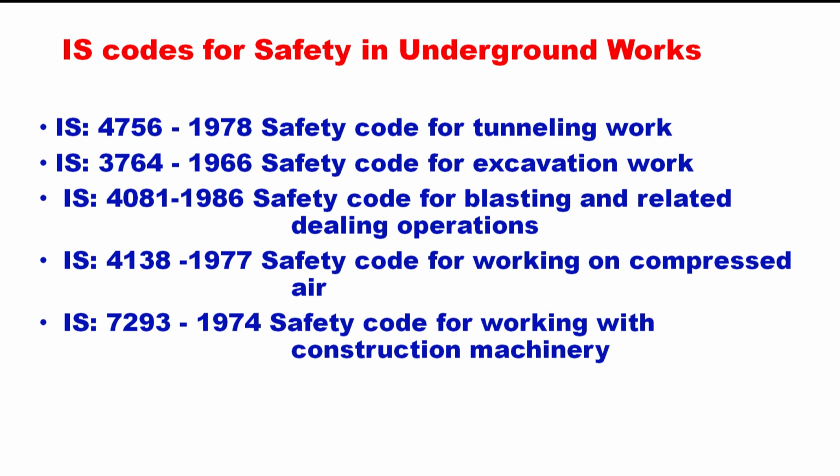Another one was IS 4138 1977, which is safety code for working on compressed air. And then IS 7293 1974, which is safety code for working with construction machinery. These were a few of the important codes related to underground works.